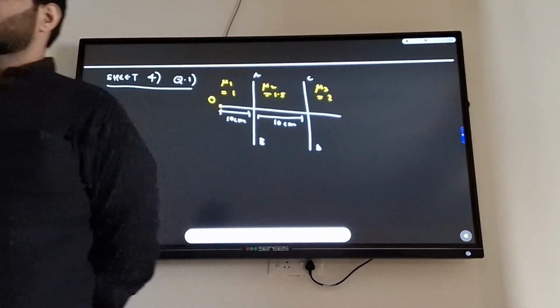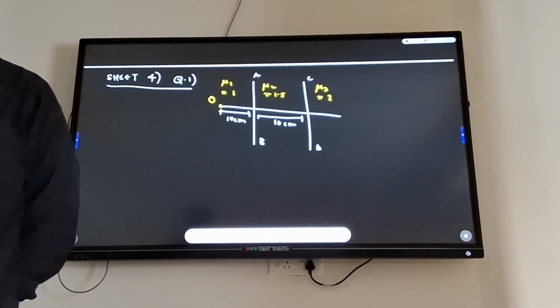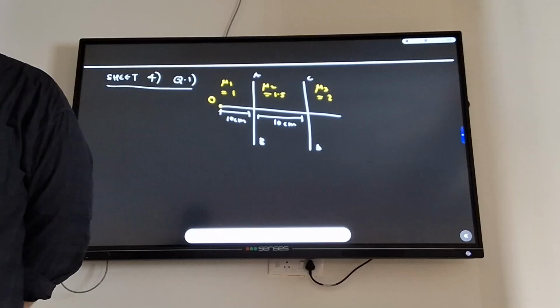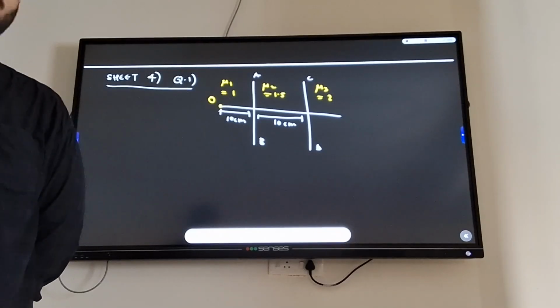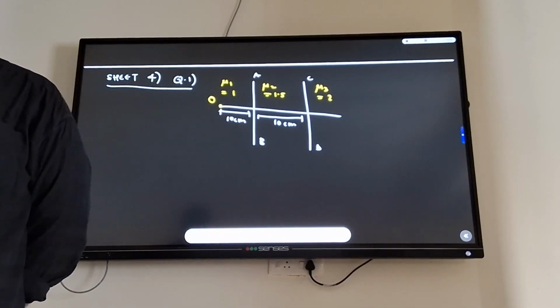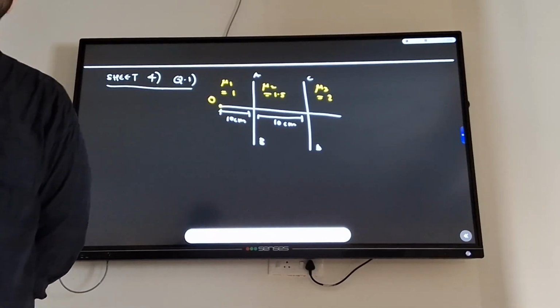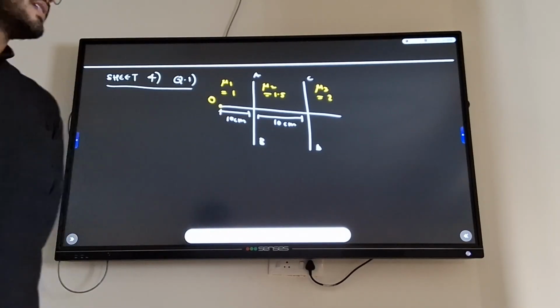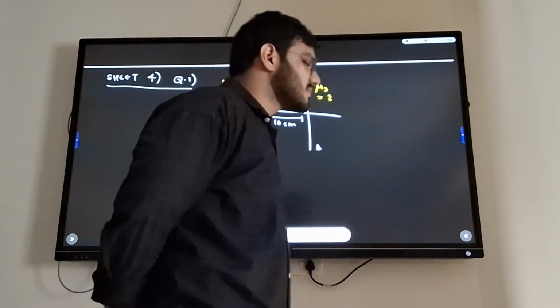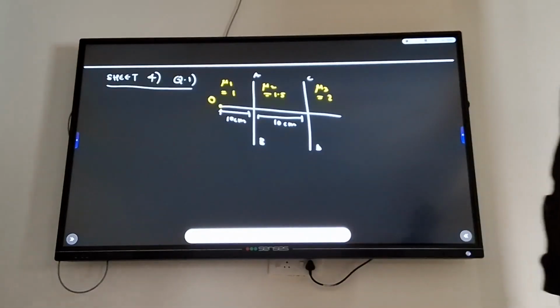It's asked that you have two boundaries separating three mediums, and there will be a refraction from the first boundary that will create one image, that will be the first image. Now they are asking to find the position of the second image. So try to do that. Position of the second image.